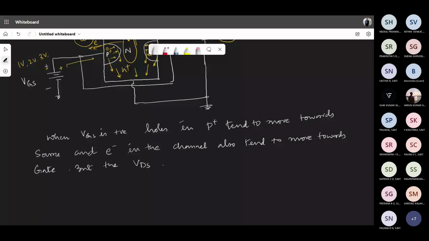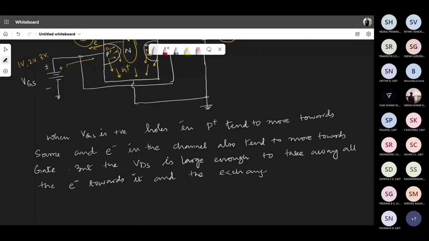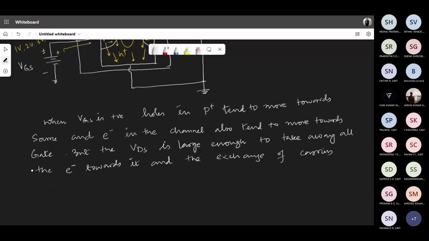the VDS you're applying is large enough to take away all the electrons towards it, and hence the exchange of carriers between gate and channel is very less.